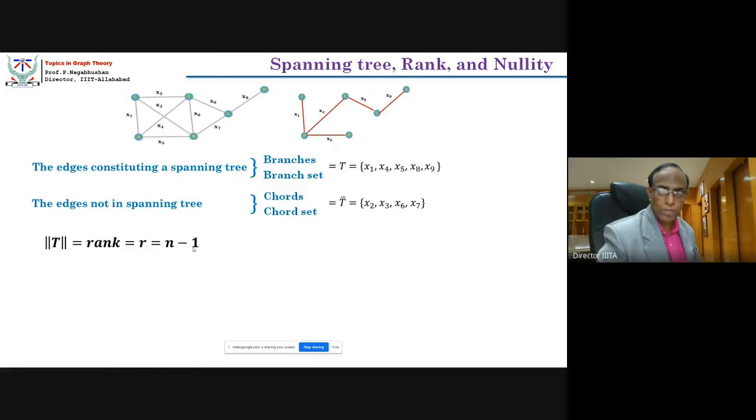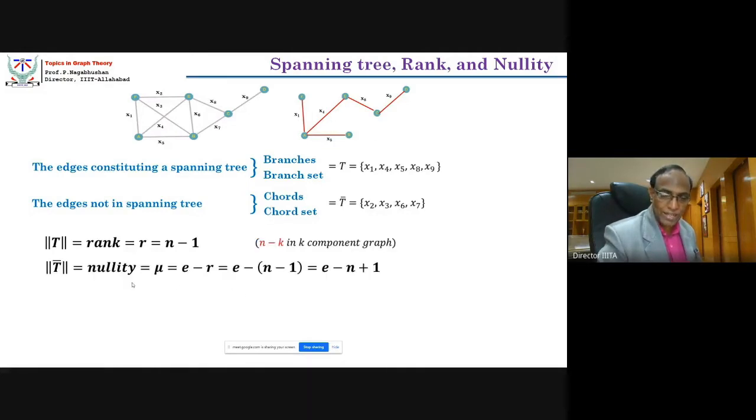Rank is equal to n minus 1. The number of edges present in the chord set, the edges which are absent in the tree, constitute nullity. So null, absence. Presence is rank, absence is nullity.